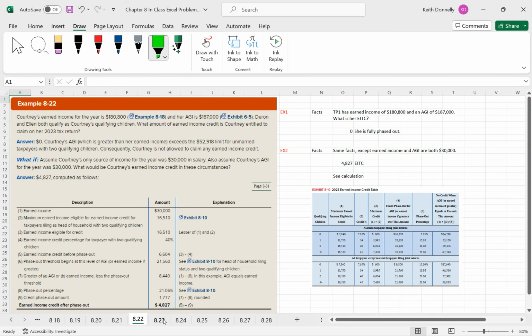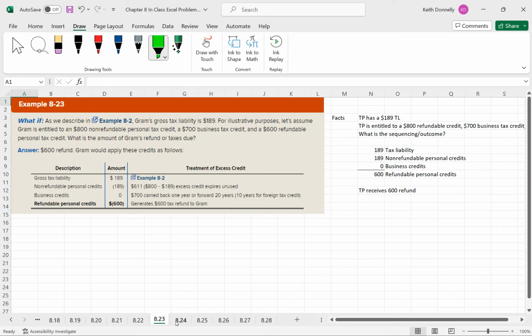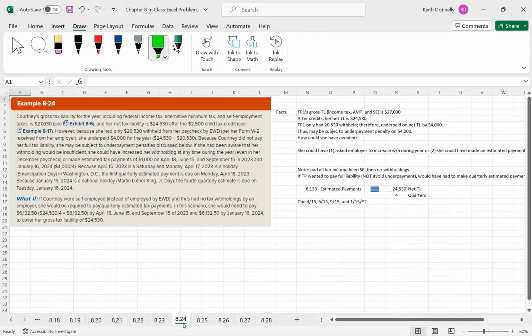Okay, here's the earned income tax credit if you want to look at that. Here's just showing an ordering rule: you take non-refundable credits first and then generally refundable credits. This one is saying, if we have an estimated tax liability for the current year of $6,100, then it's not.